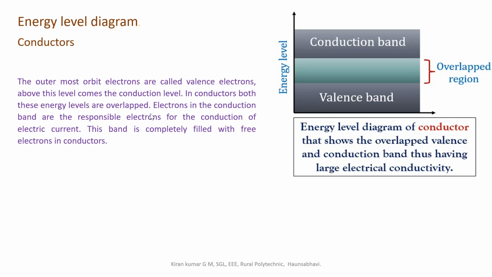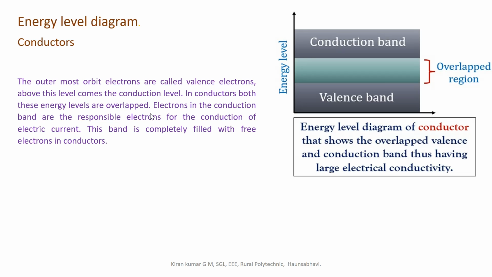Above the energy level of this valence band lies the conduction band, wherein the electrons are free from the atom and are very much free to conduct the electric current. The electrons present in this conduction band contribute much to the conduction of electric current.